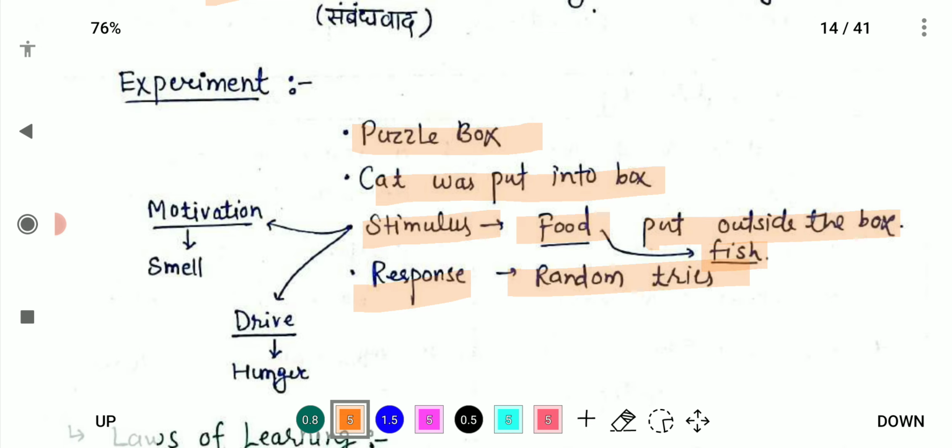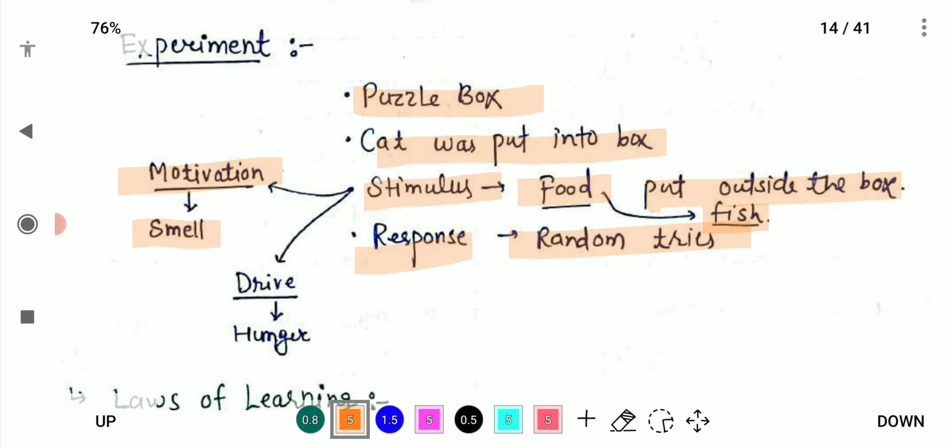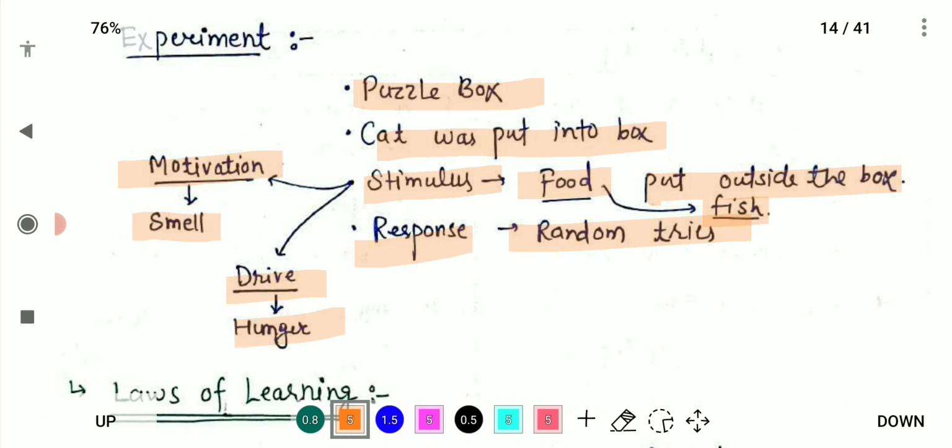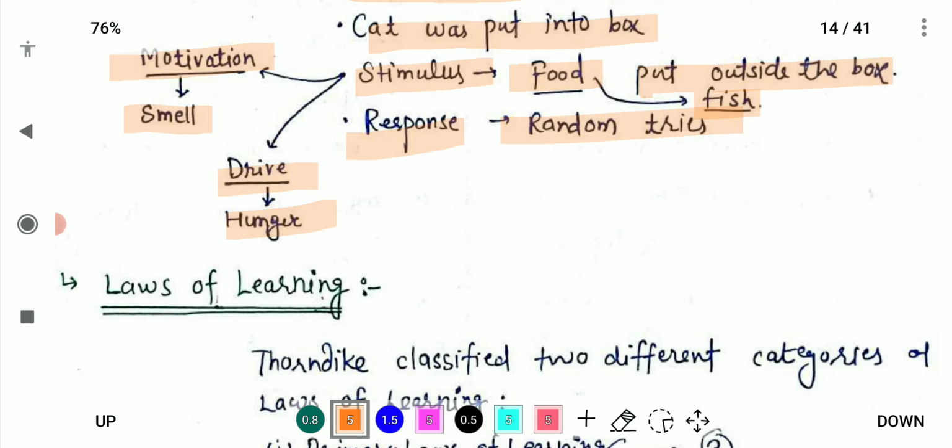After some time it finds a particular method to do it. So that is what the experiment is. The motivation here is smell and the drive is hunger. When the cat is very hungry, it will use different methods to get that fish.